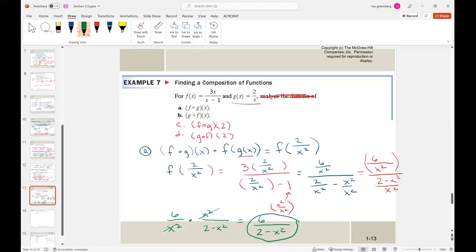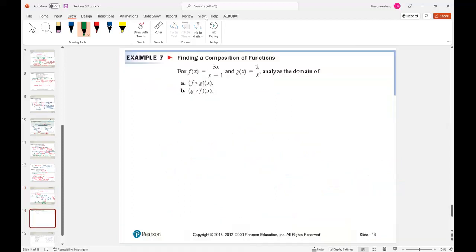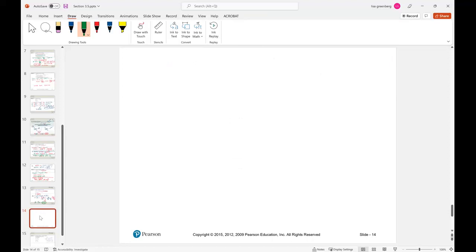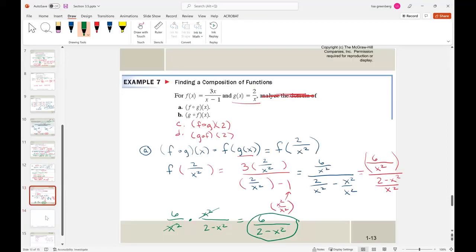Okay, so that's A. Now, actually, I'm going to next do C. Okay, because if I were to do C, let's do this. Actually don't need this here. No, I probably did.